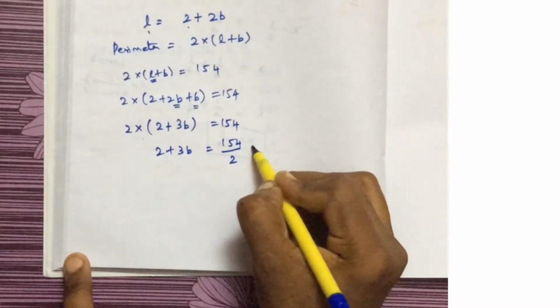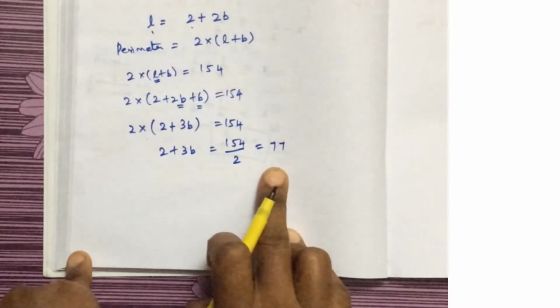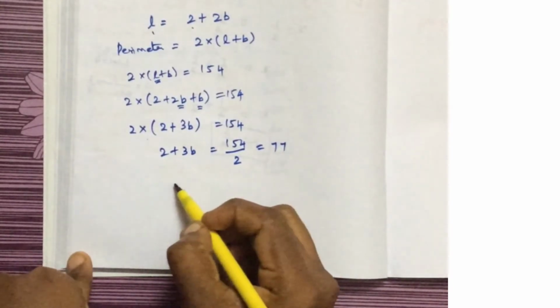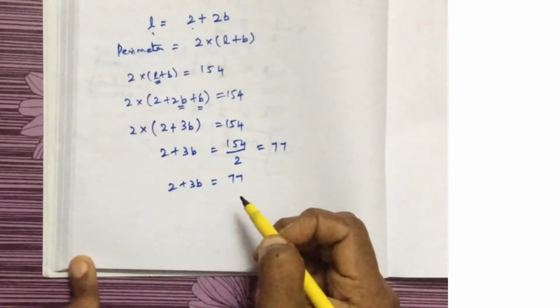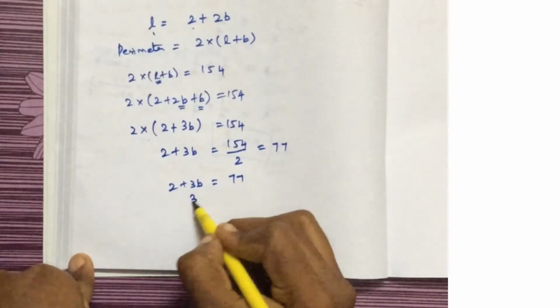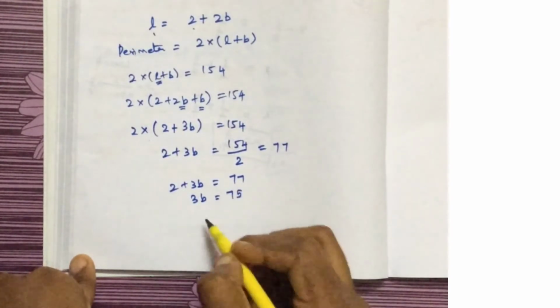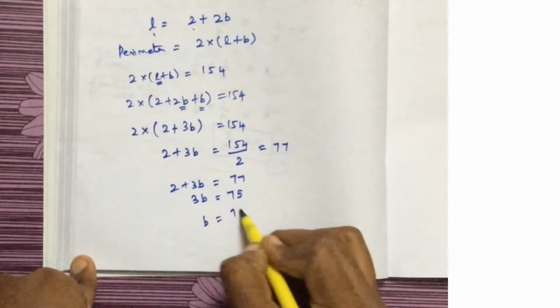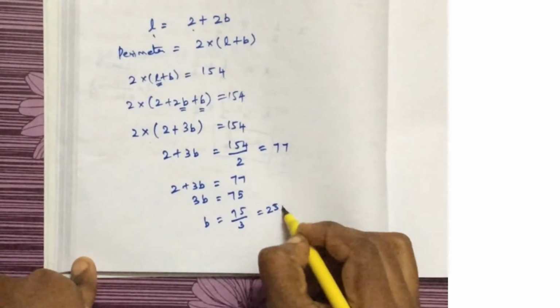It will be 77. So 2 plus 3b equal to 77. 3b equal to 77 minus 2, that is 75. So b equal to 75 divided by 3, that is equal to 25 meter.